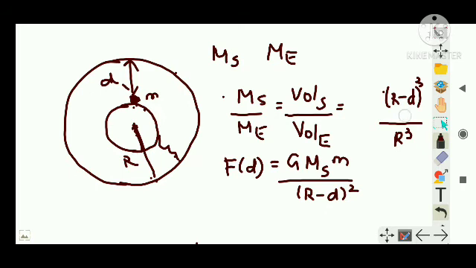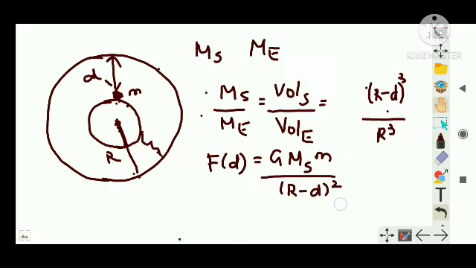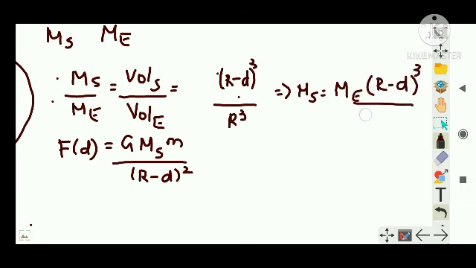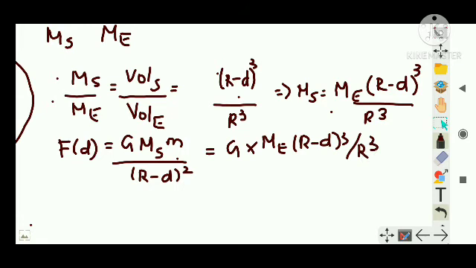Clear? Now from this expression, can I write Ms is equal to Me into (R minus d) whole cube divided by R cube? Yes. Now I am going to substitute this value over here for Ms, so that this becomes G into Me into (R minus d) whole cube divided by R cube, whole divided by (R minus d) whole square, right?